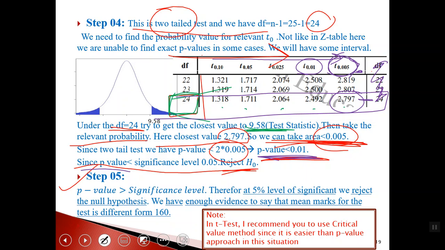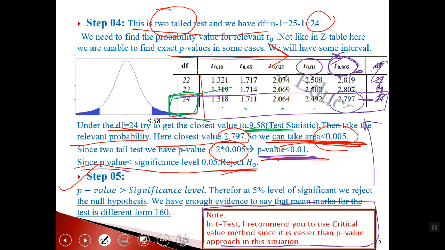In general, for the t-test, we do not recommend the p-value approach. Why? You can see here, you can easily get stuck.